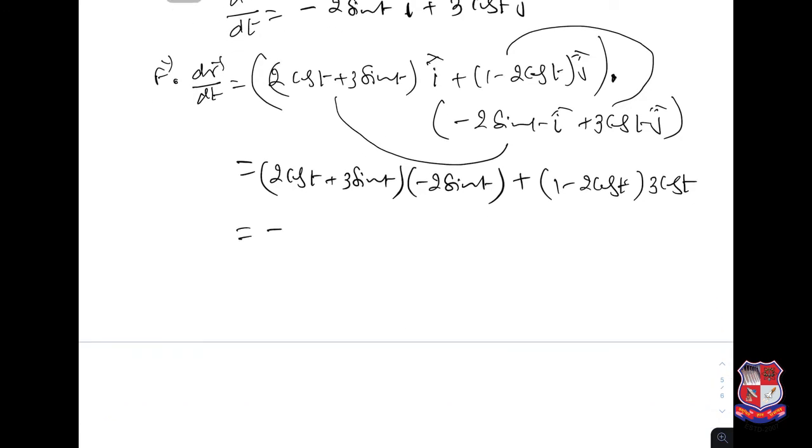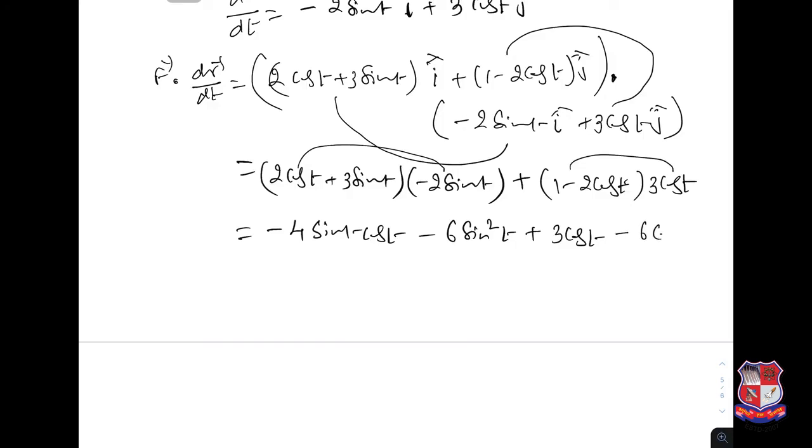Now this is minus 4 sine t cosine t, then minus 6 sine square t plus 3 cosine t minus 6 cosine square t.